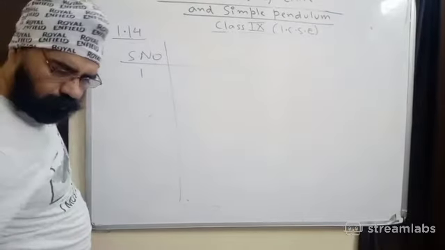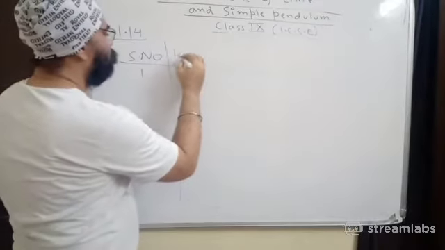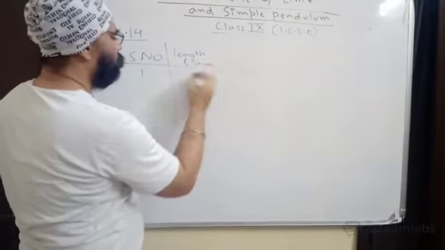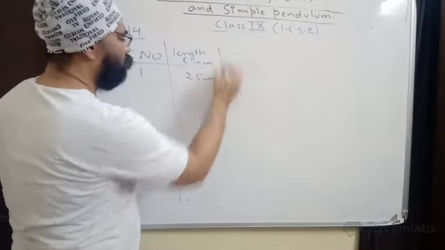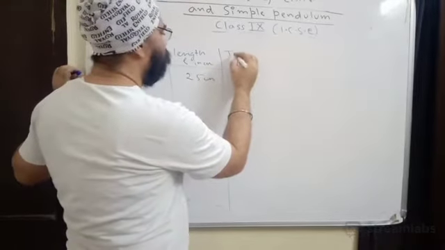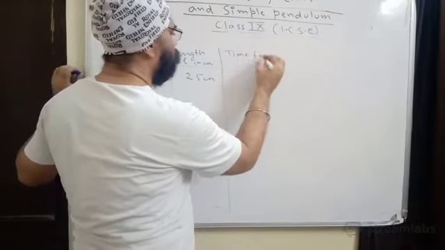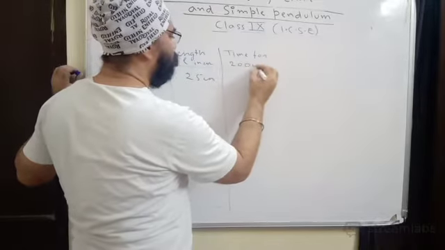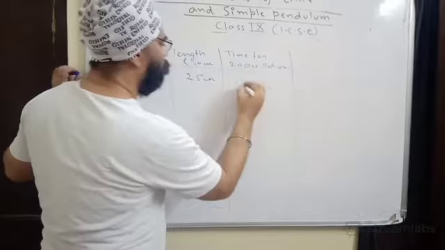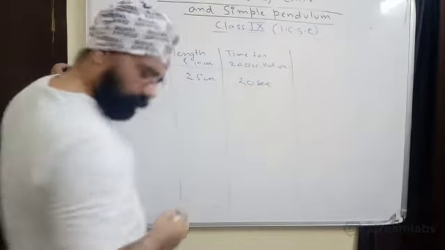This is 1. Then we took the length L in centimeters. The first one we took was 25 centimeters. Okay, then time for 20 oscillations. We noted it, it came to be 20 seconds.